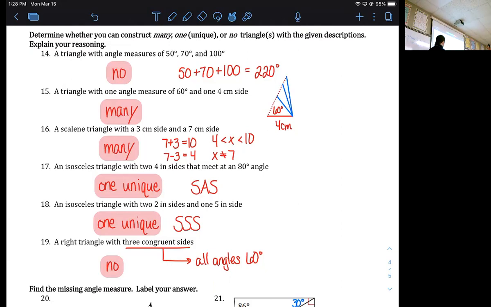Number 16, a scalene triangle. That means none of the sides are the same, with a 3-centimeter side and a 4-centimeter side. So the answer here is many. As long as the 3rd side is between 4 and 10, you're good, but it can't be 7. Why can't it be 7?